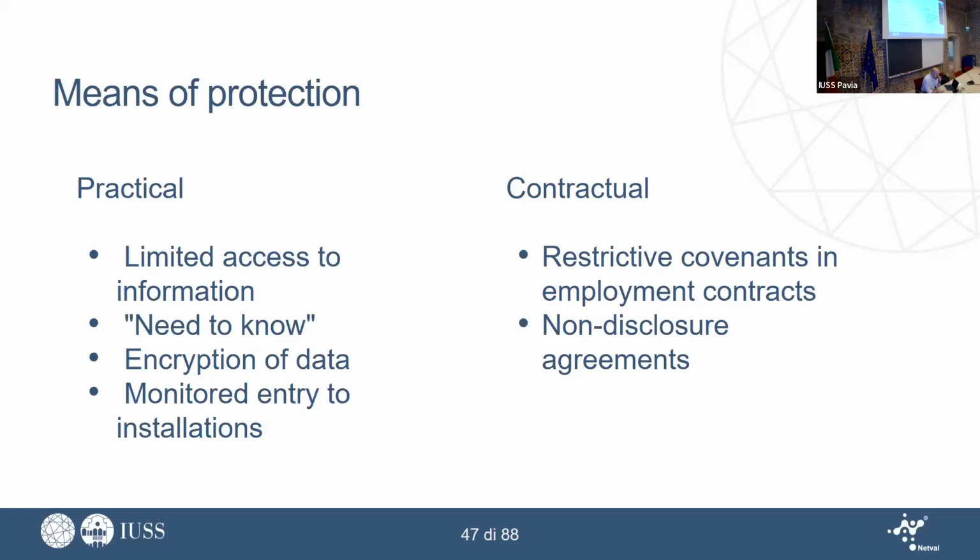And of course, non-disclosure agreements are a typical form of trade secret protection. So we sign an agreement where the parties agree that the information shared between those two parties will not be shared with another party.